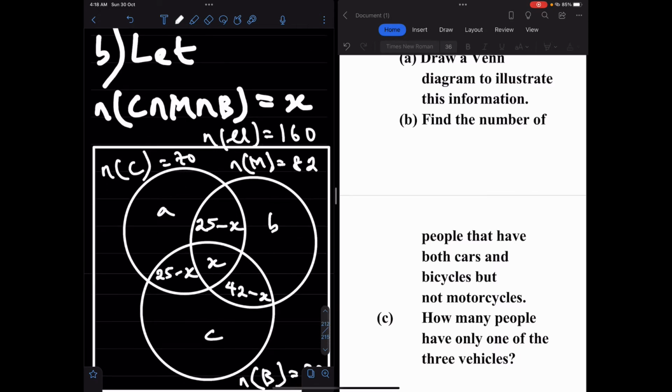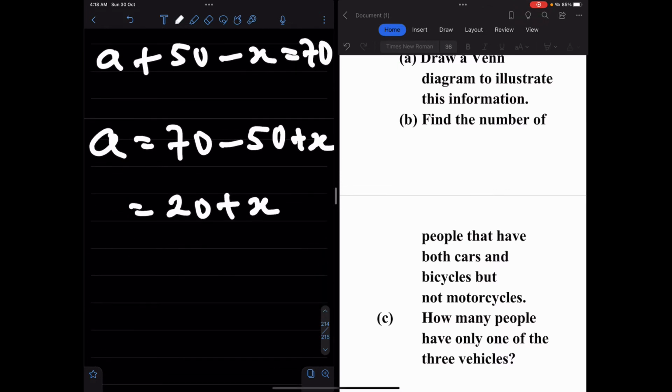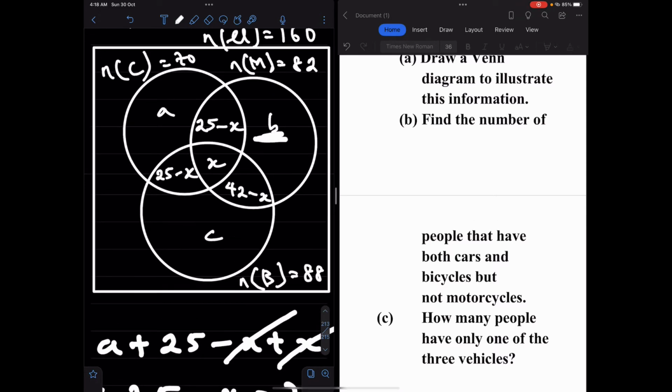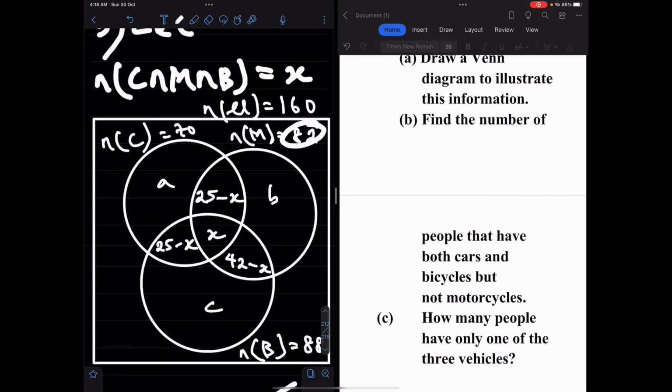So that means the number of people here is 20 plus X. Now how do I find B? B plus 25 minus X plus X plus 42 minus X will give us 82.